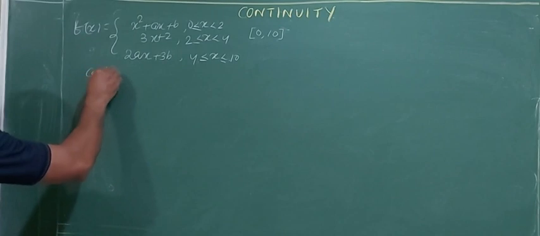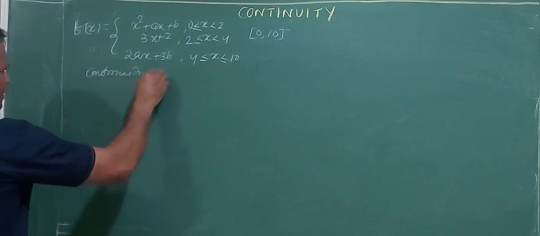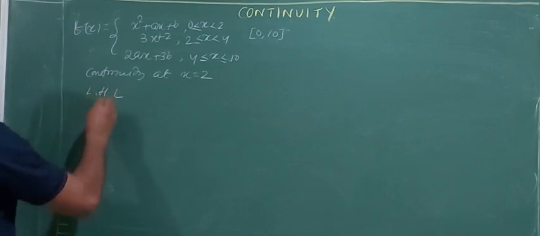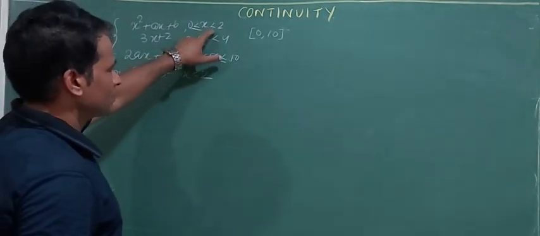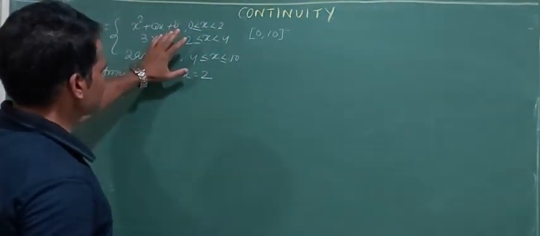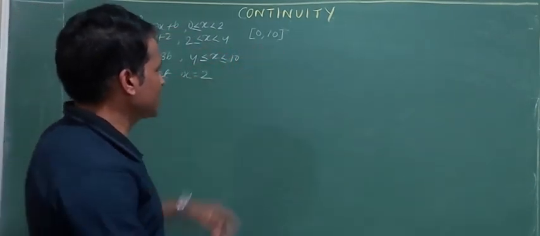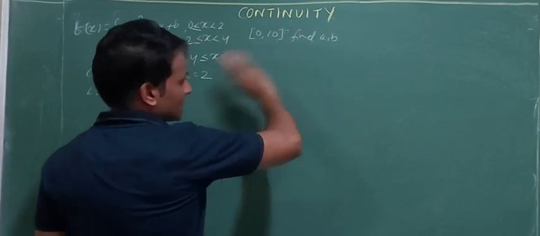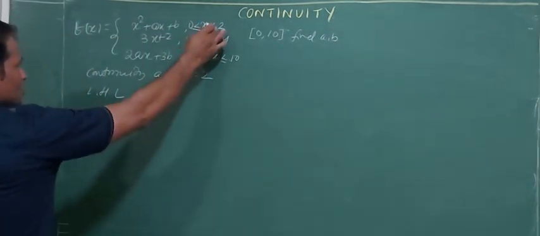Continuity at x equals to 2. LHL is the alone condition, I will go for it. It is given that the function is continuous in between this, find a and b. It is given continuous, so LHL I have to consider.